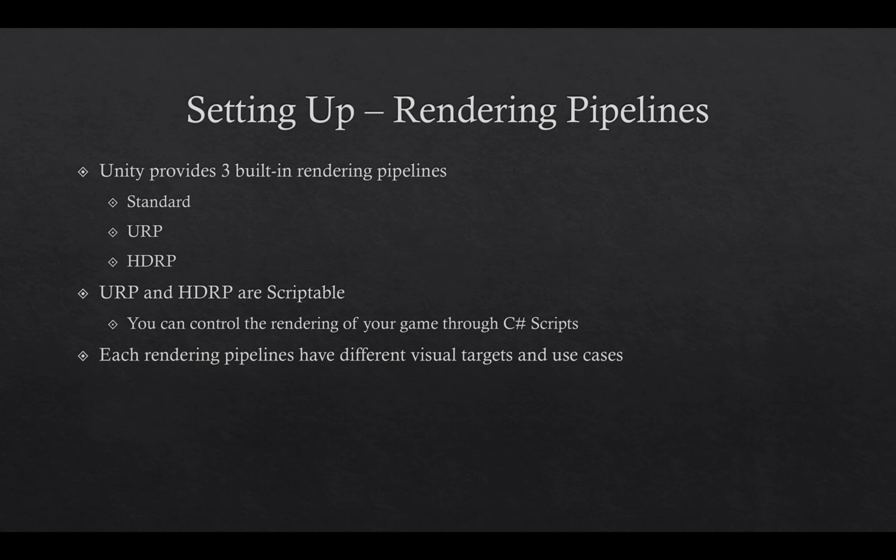What it means is that you can have much better control of how the game actually renders through the use of C# scripts. It will be a little bit more advanced and would especially be useful if you're trying to make any kind of stylized games. If you want to make it realistic, you can do that. If you want to make it more cartoonish, you should use URP or HDRP as well. Each rendering pipeline has a different visual target and use cases, so they actually produce slightly different visual impact as to how things look.